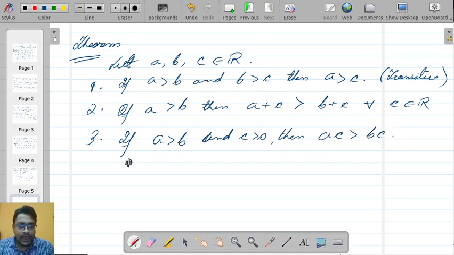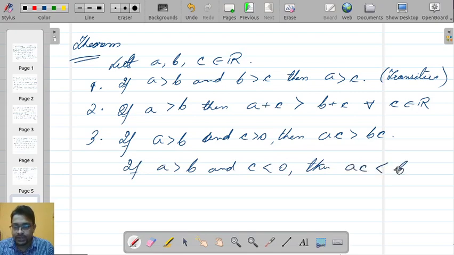And if A is greater than B but C is less than 0, then the inequality gets reversed: AC is strictly less than BC. So these are the three very important, well-known properties which follow from the order properties of R.